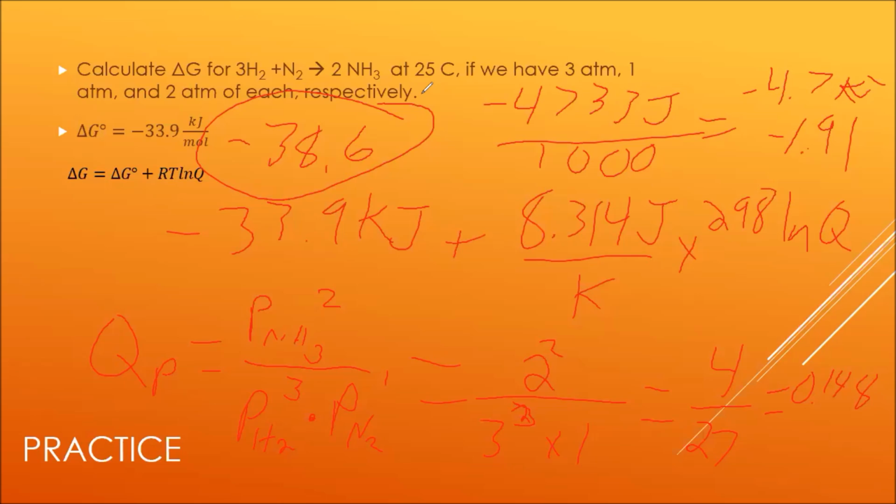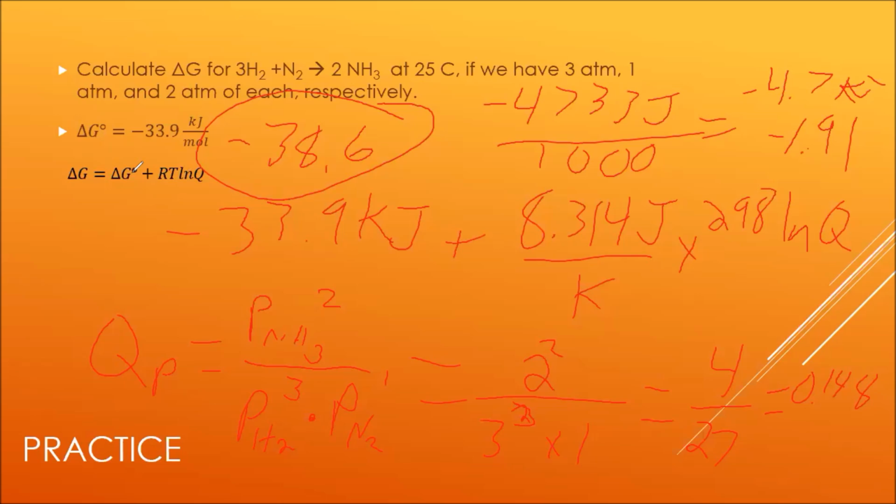But the big change is that we have a lot more hydrogen than what Gibbs standard would predict. We have triple the amount of hydrogen that Gibbs standard would expect us to have, meaning it is more spontaneous by almost 5 kilojoules when I increase the amount of hydrogen like that.